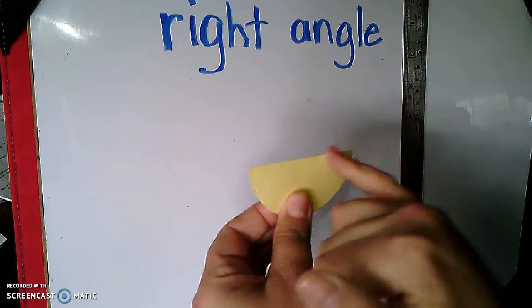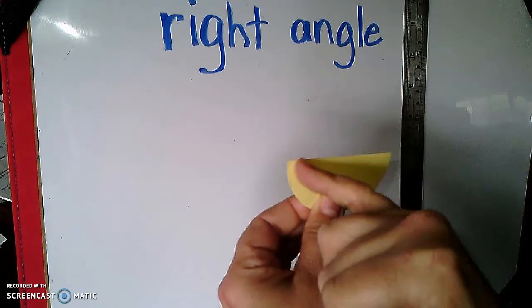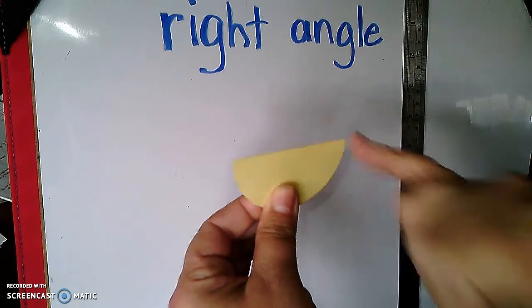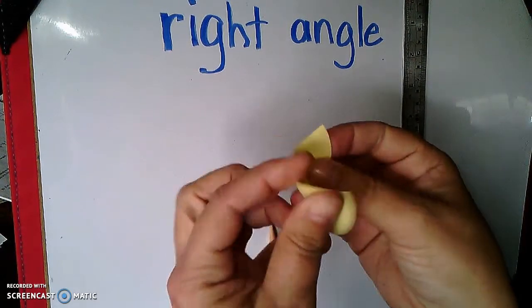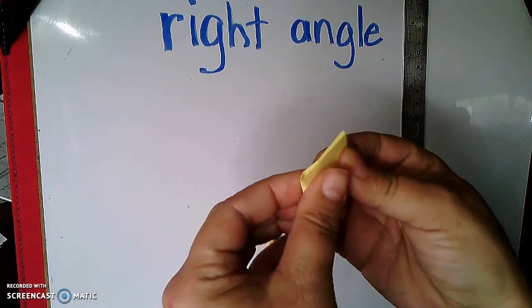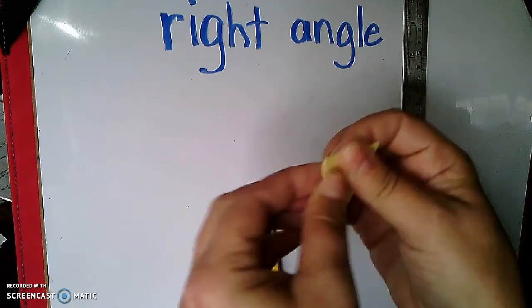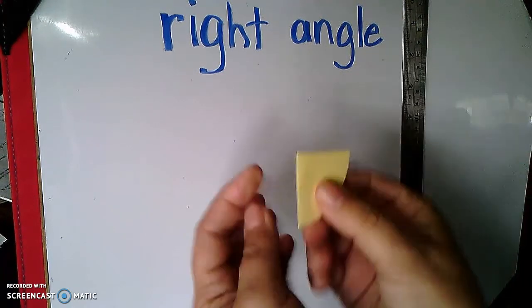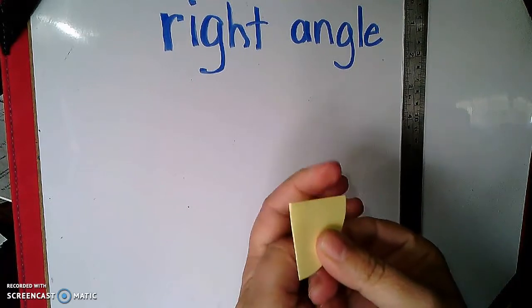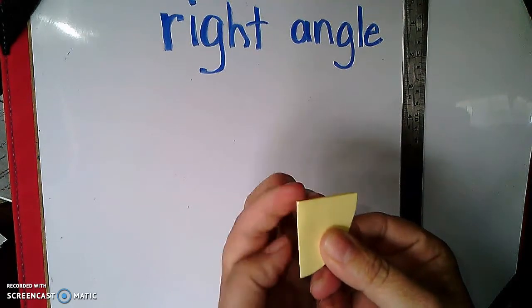What I have right now is a straight angle. It goes straight across. If I fold it in half again, at this corner right here, where these two sides meet, is my right angle.